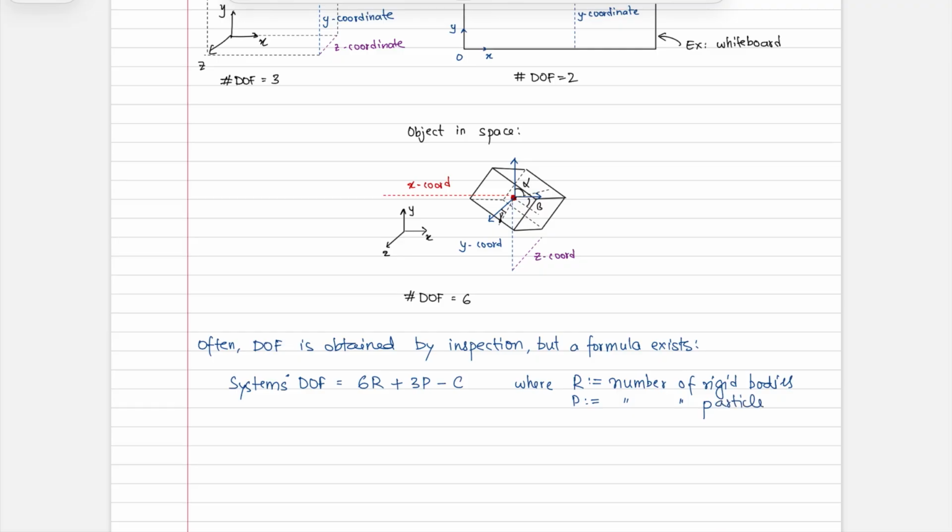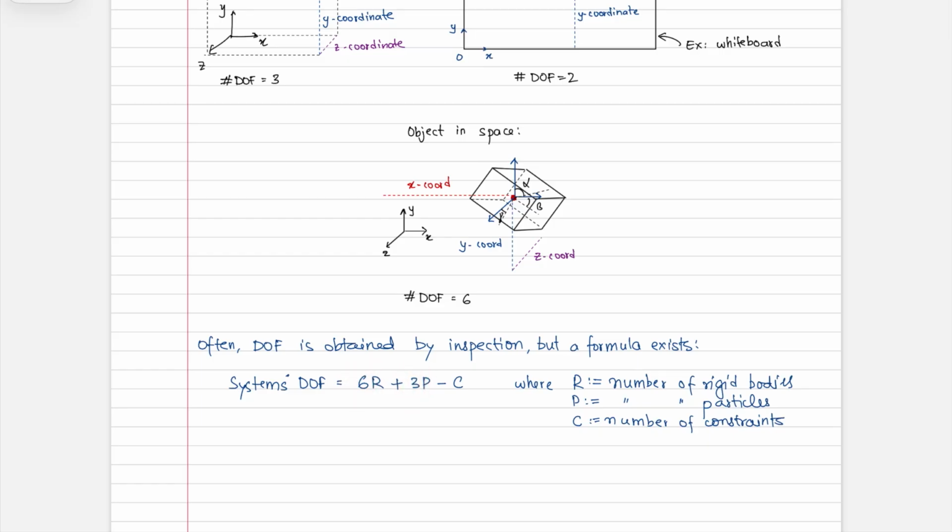These are point bodies. C is the number of constraints. Okay, so rigid bodies require 6 of them, right? Because you have position, 3 for position and 3 for orientation, that's 6.